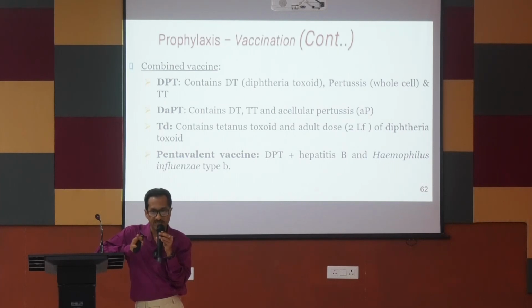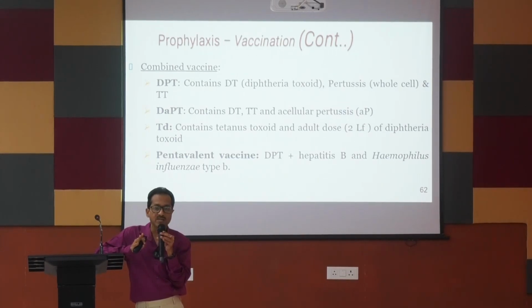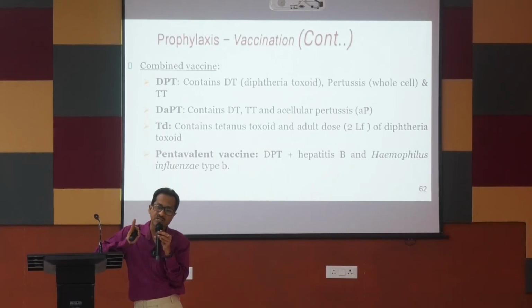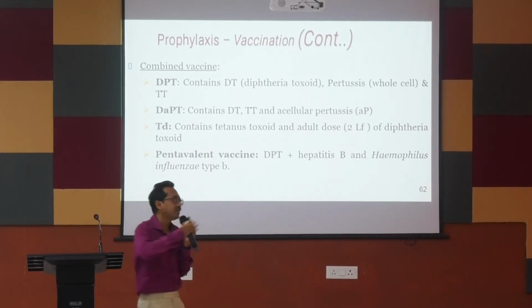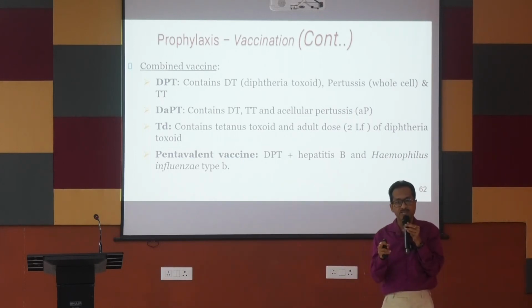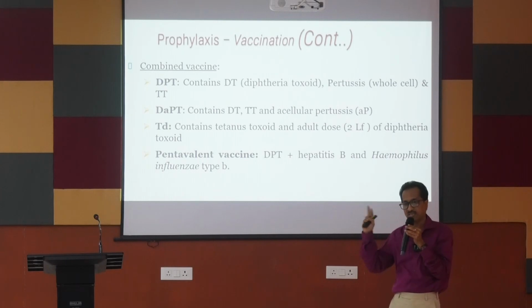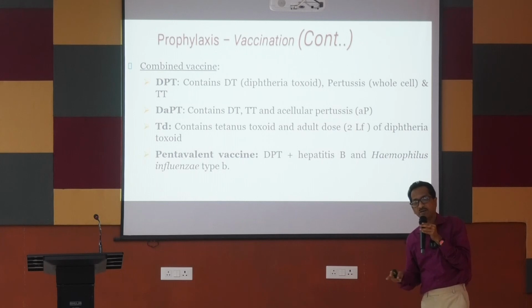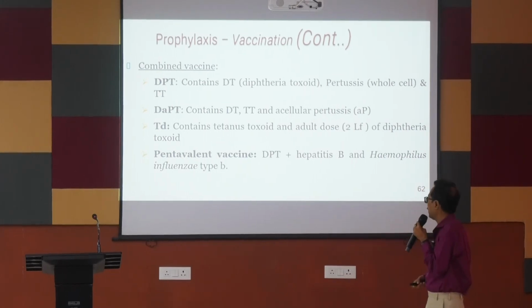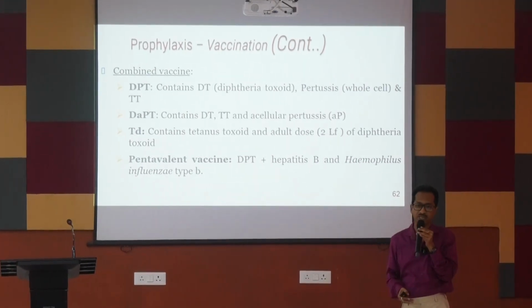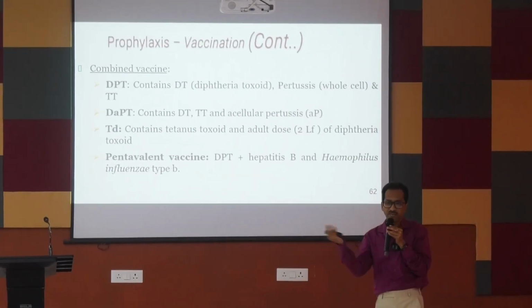It is the capsular vaccine, mainly a polysaccharide vaccine. Polysaccharide vaccine, usually without adjuvant, does not act below the age of 2 years. So here Haemophilus influenzae B is added with DPT, where the diphtheria and tetanus components both act as adjuvant. That is why we now use the pentavalent vaccine, where Haemophilus influenzae type B can be given earlier, at the age of 6 weeks. Otherwise, it would be given only after 2 years.